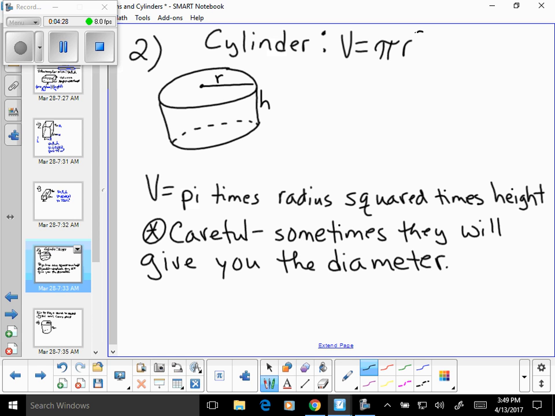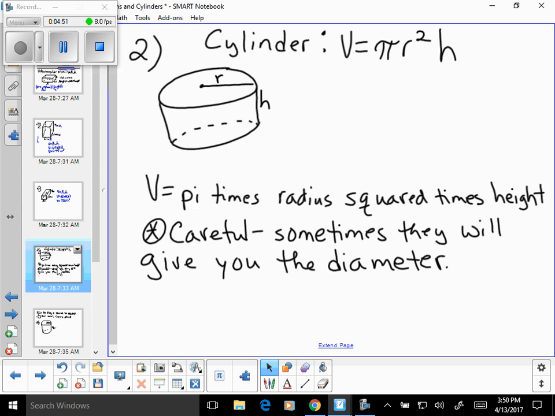Pi r squared. The area of the base, so we don't even have to factor it in twice, just the base, times the height of the entire cylinder. Now, what we're really taking here is pi times the radius squared times the height.